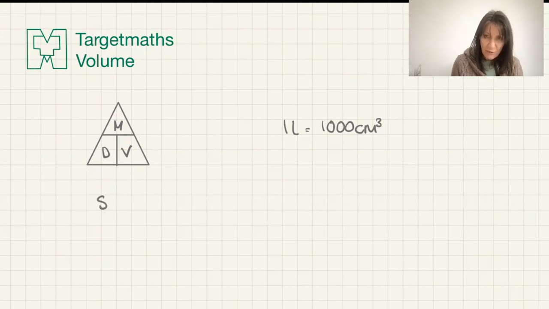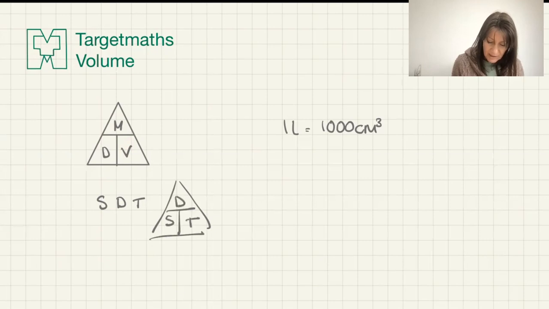There's another formula triangle that is for speed, distance, time, and those 3 will go in this order. So the first letter of the alphabet is the way a lot of people remember it. D is first letter to come up in the alphabet, and so we stick it on top. Now, there's nothing wrong with it, apart from you could run the risk of sticking the D in mass density volume in the top, because you kind of trained your brain to think like that.